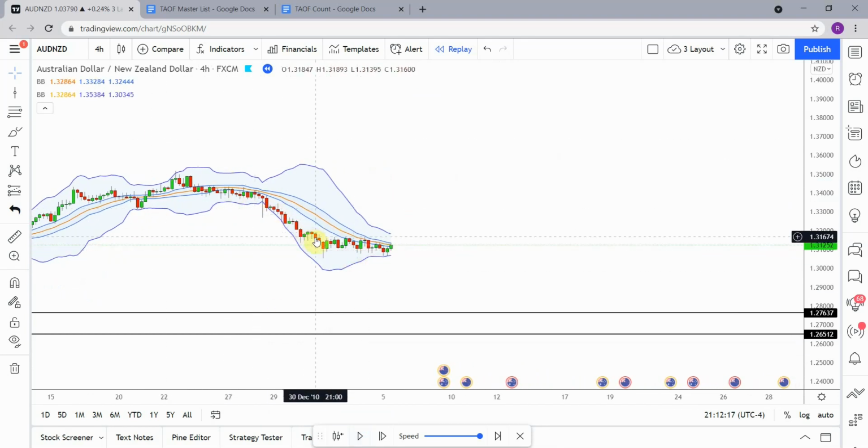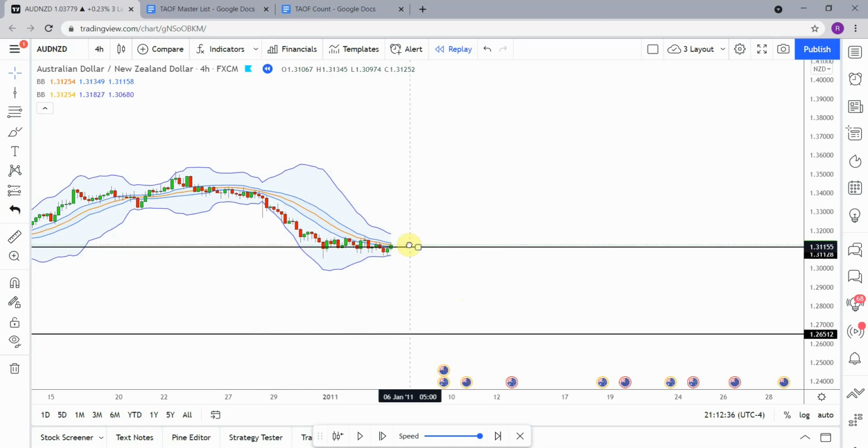So you see here that price has moved down right here, and you can see how the wider Bollinger Bands here are really starting to contract in on themselves and squeeze in on price action. What that is a sign of is that we are getting consolidation or a range happening with price action.